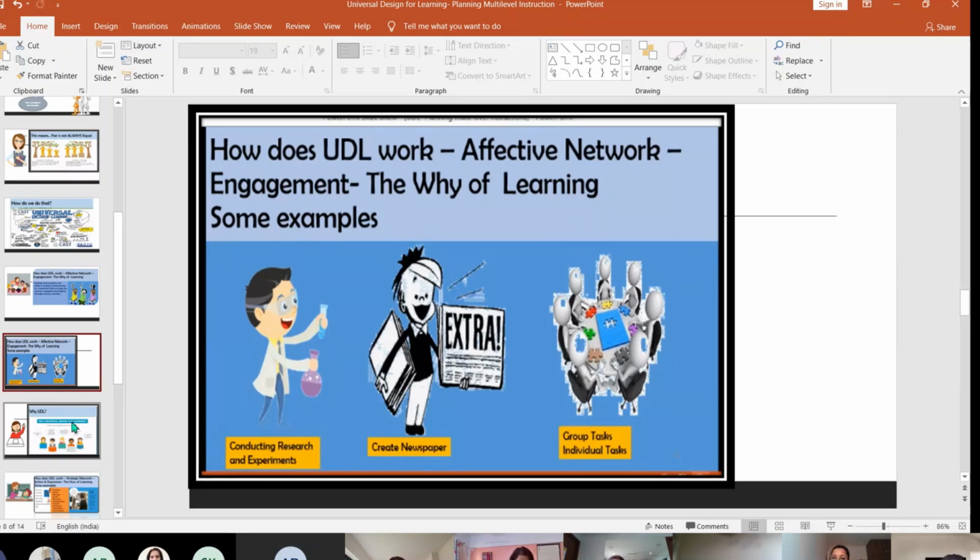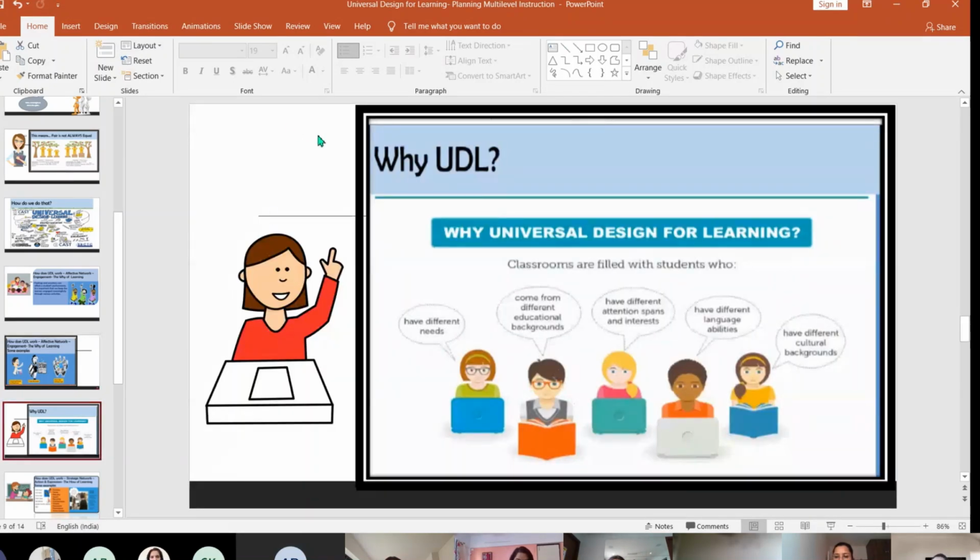So here we come to why UDL is required, why universal design for learning is important in the classroom, because we have different learners in our classroom and they have different needs. They come from different educational backgrounds. I hope you all would agree to that.